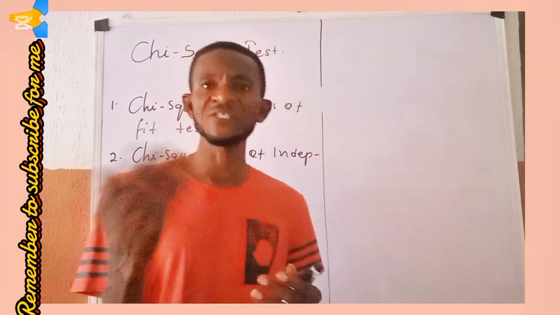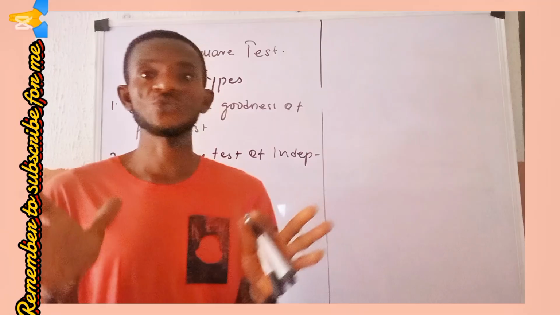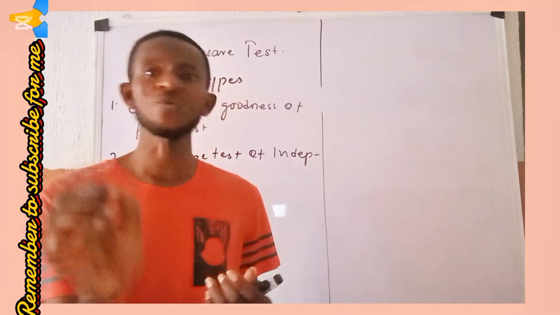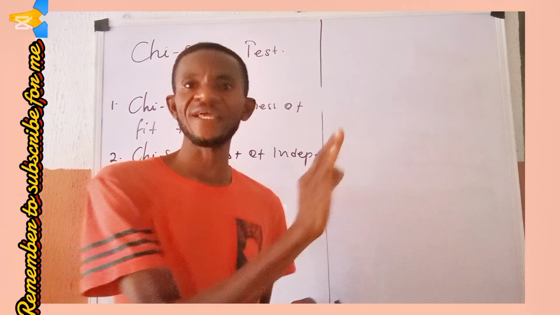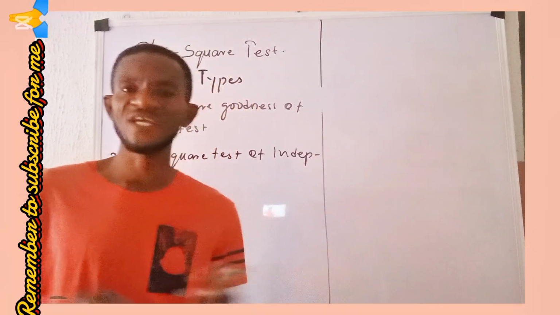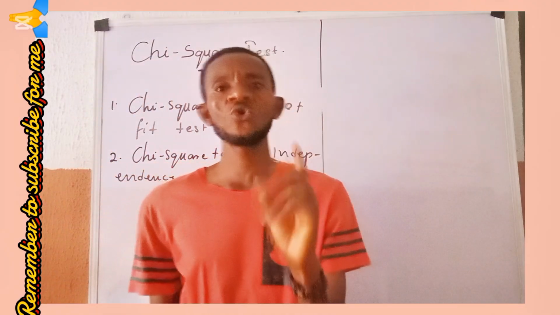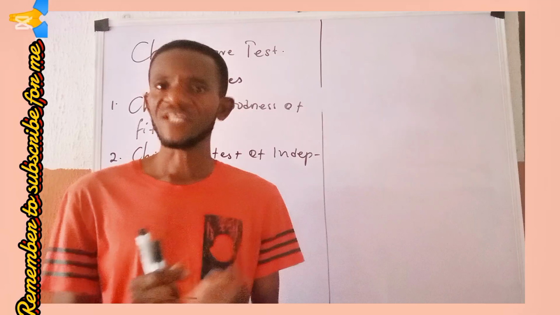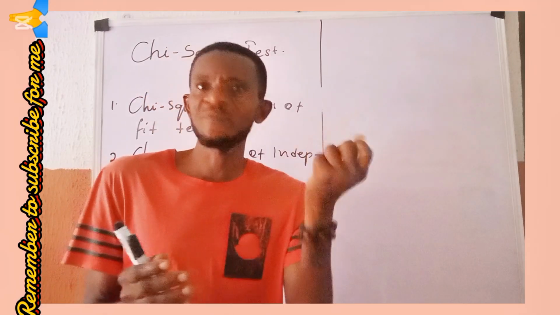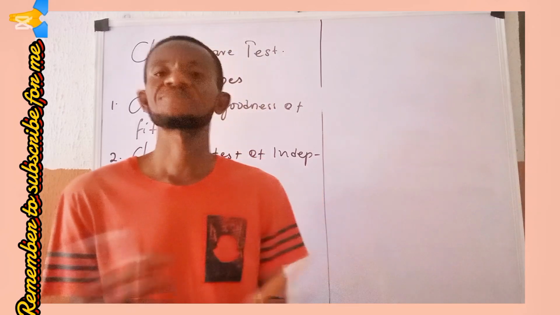If you go through the pages of a textbook, you equally run into another explanation of the chi-square goodness of fit test, and we have deemed it wise to explain that definition too. Some people say that the chi-square goodness of fit test is a statistical tool or measure that we use to determine if a set of observations comes from a particular or specified distribution or not.